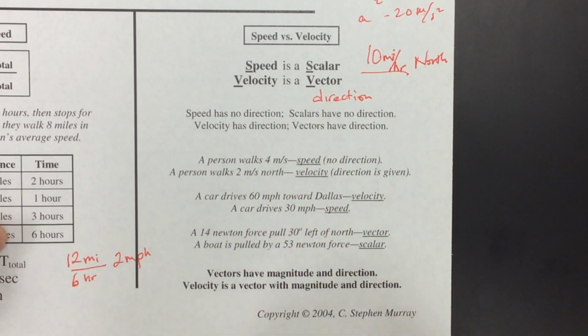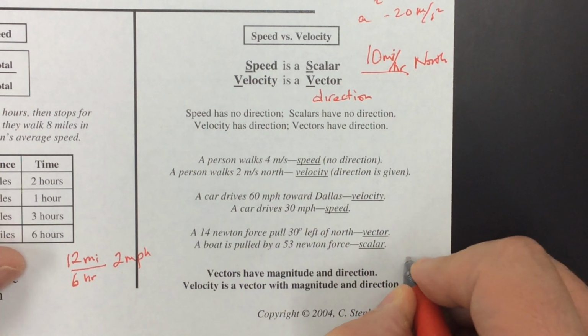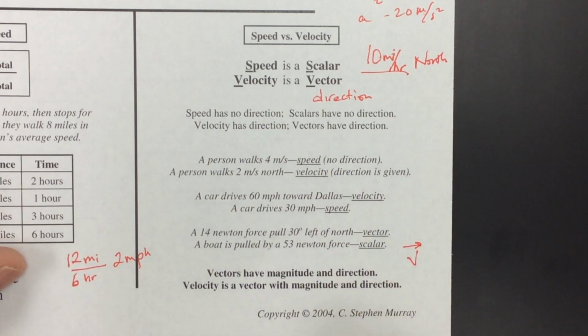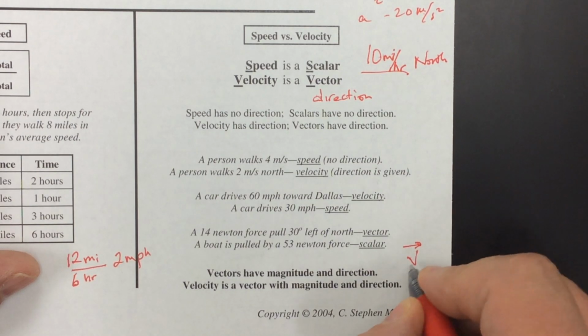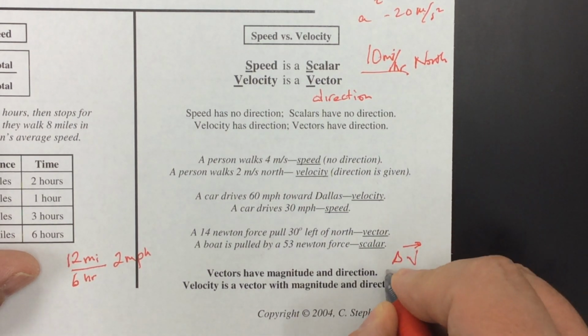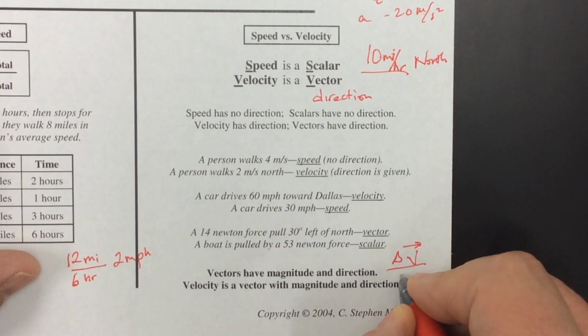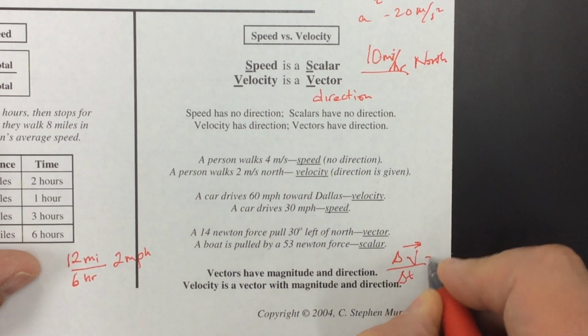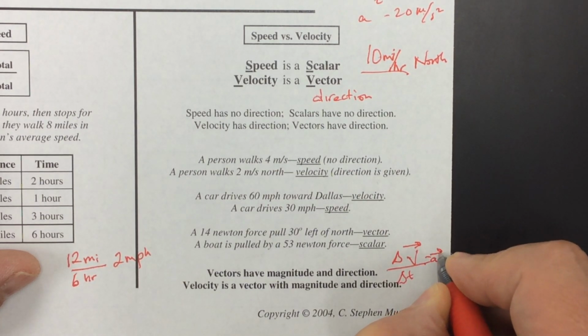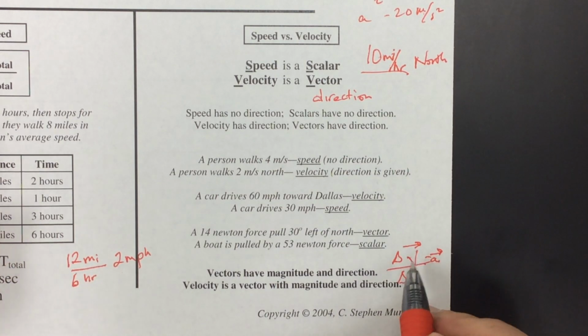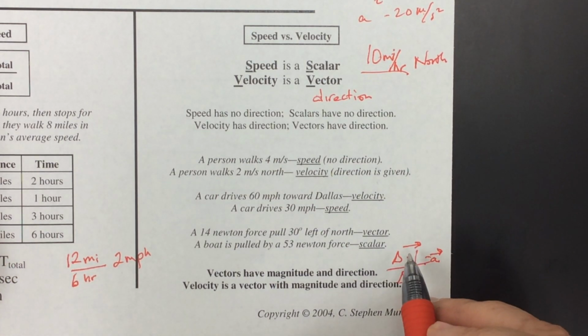Vectors have magnitude and direction, and so velocity, usually you're going to have an arrow above it because velocity is showing you that it's not just miles per hour, but it's miles per hour in a certain direction. Also, since change in velocity over change in time is acceleration, acceleration also is a vector because direction is implied in velocity.